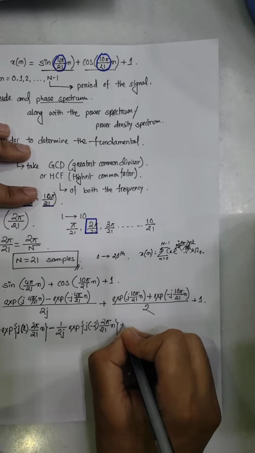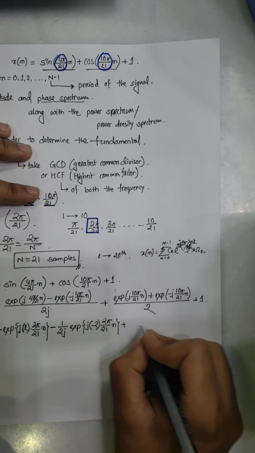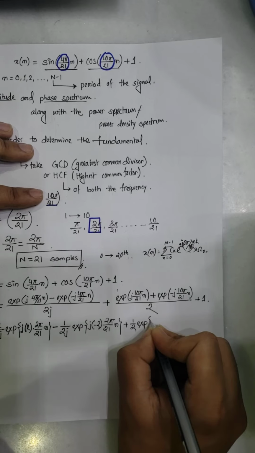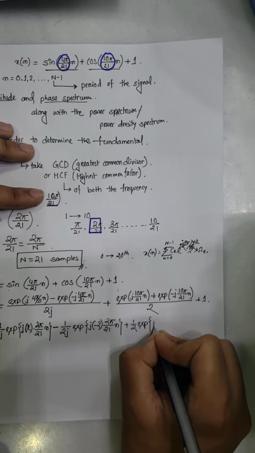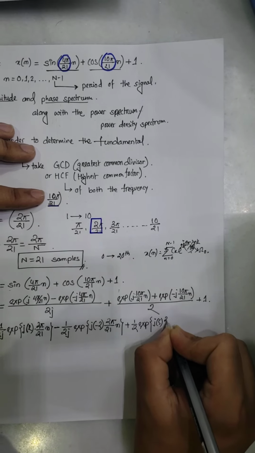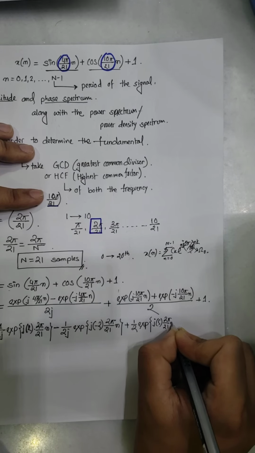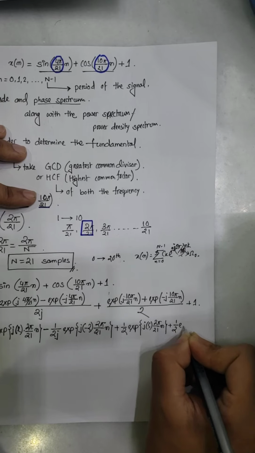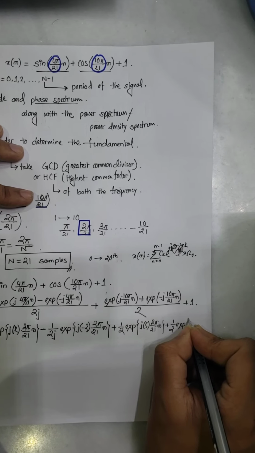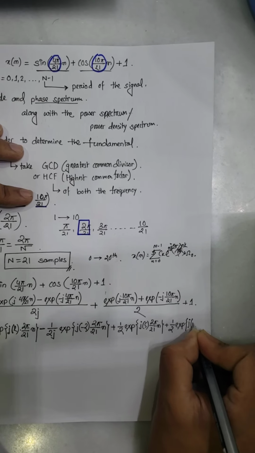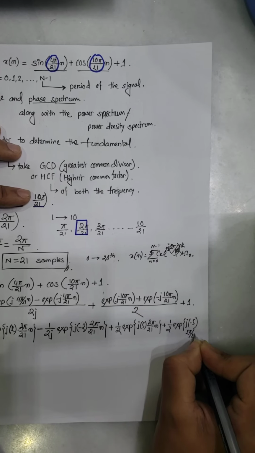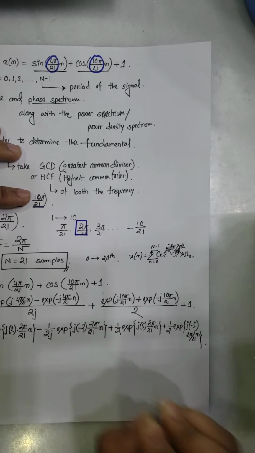Similarly, for the third expression, we get half of e to the power j into 5 times twice pi over 21 times n, plus half of e to the power j of minus 5 twice pi over 21 times n.